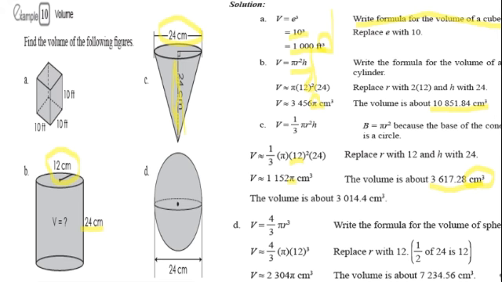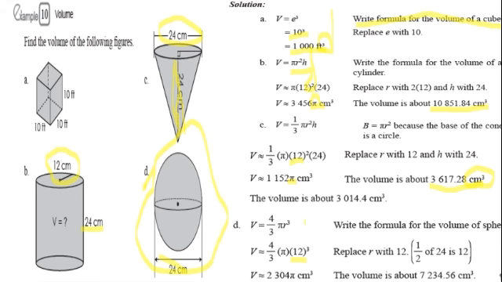Next, letter D. It is a sphere. So, what is the volume of a sphere? We have 4/3 pi r cube. Write the formula, and replace r with 12. Why 12? Because the given is diameter. So, 24 divided by 2 is 12.